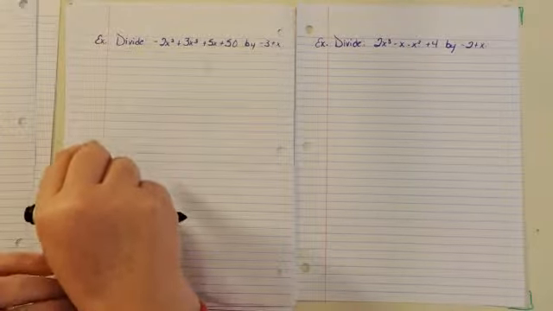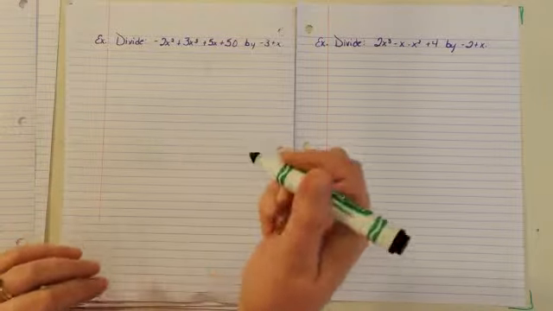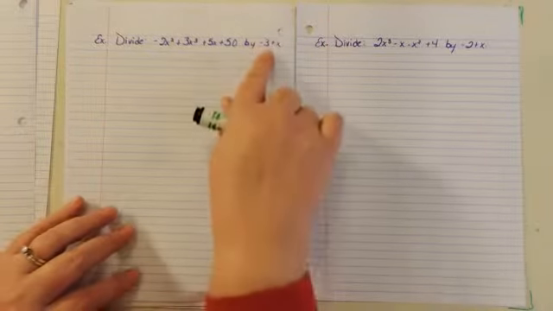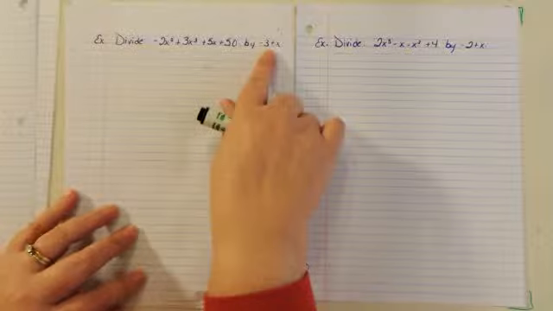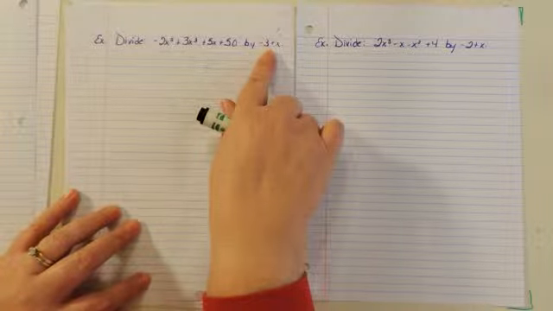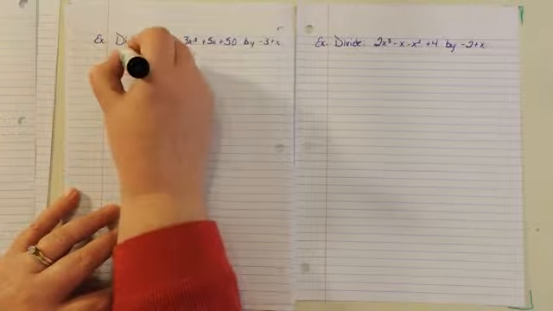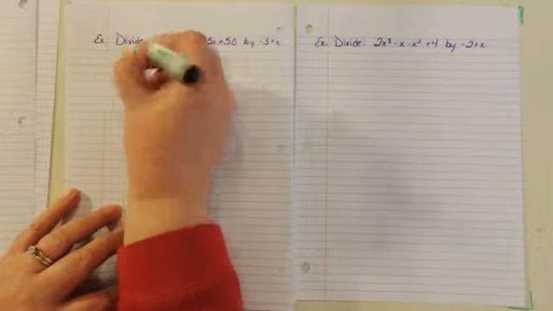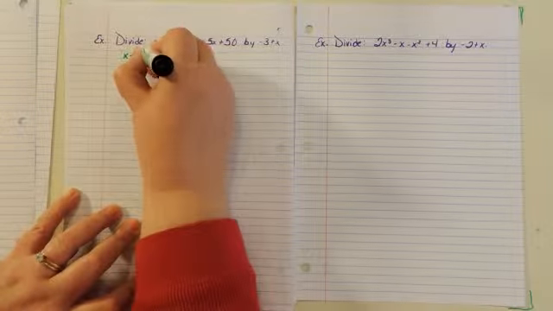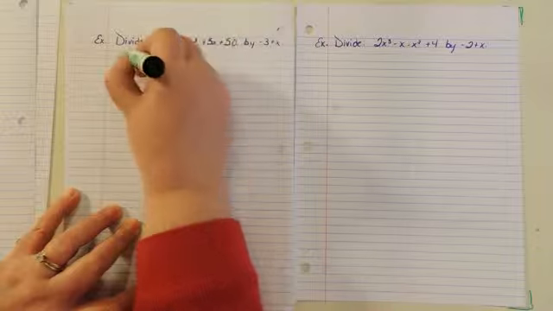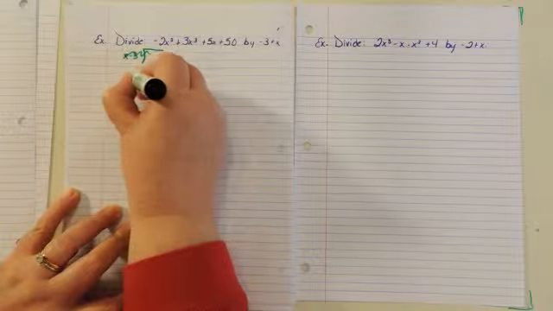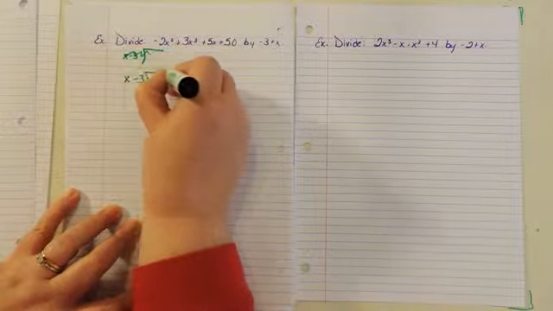It will be much less complicated that way. And we're going to put them in long division form. So here is our divisor, and it is x minus 3.